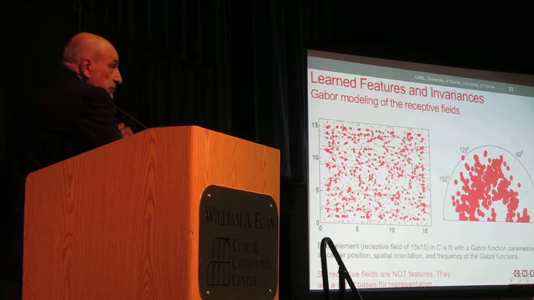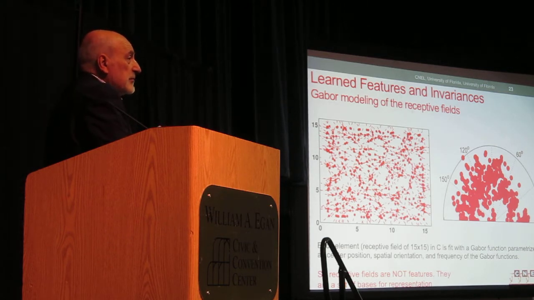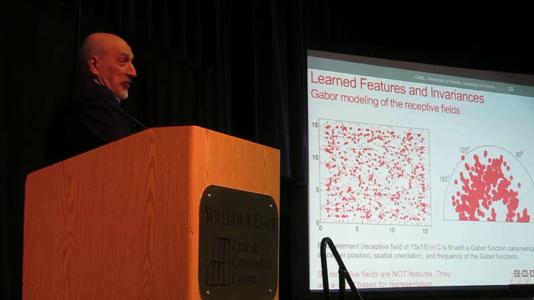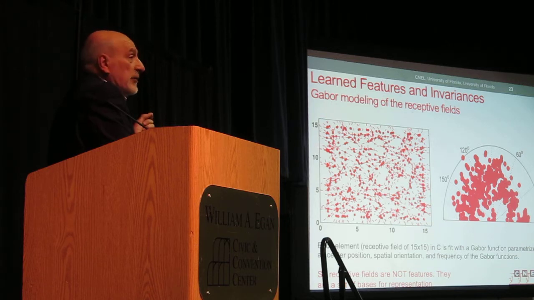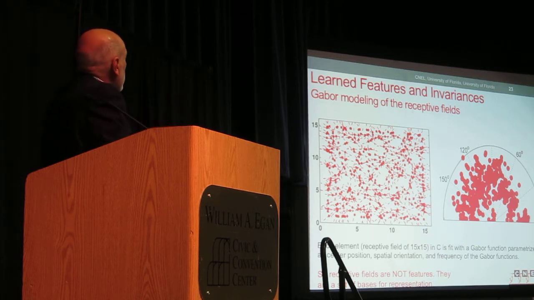Of course, since I'm a signal processing expert, if you want to call it that, I like to see how good this is. You get all these features learned directly from data. How do you know if they are good or bad? So what we decided to do was model each one of those receptive fields with a Gabor function. If you know Gabor functions, it's an extension of a Gaussian with a modulating term.